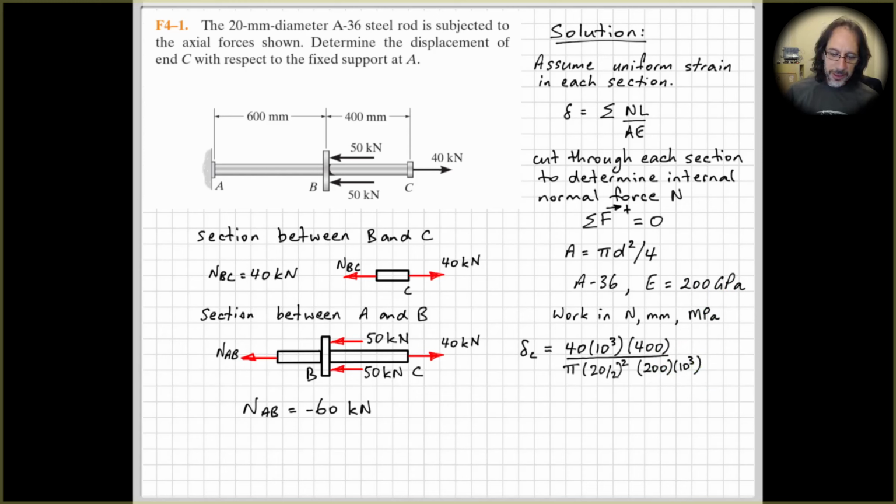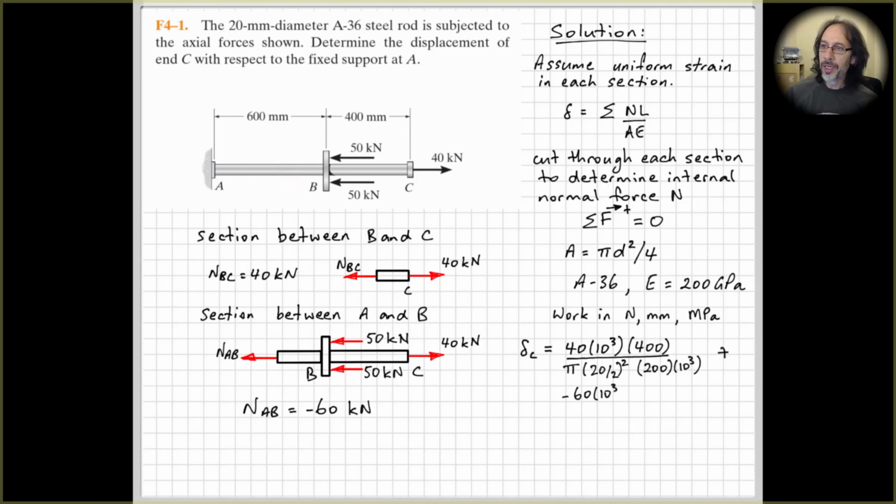Okay, so that's what we get for this first bit, but that's not all that's going on. From our free body diagram of section AB, we know that section AB is in compression. So AB is going to get shorter, and this whole section BC is going to move to the left because this part's in compression.